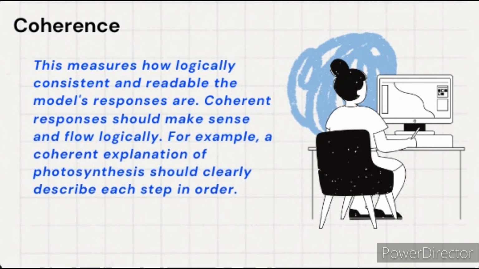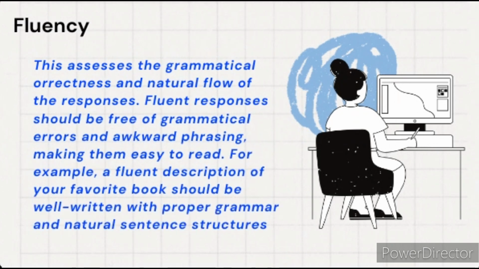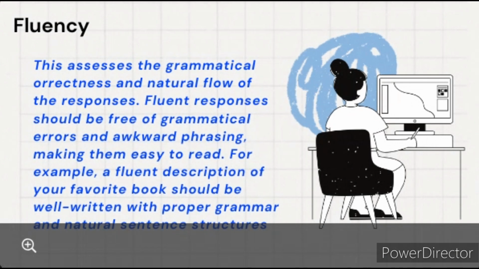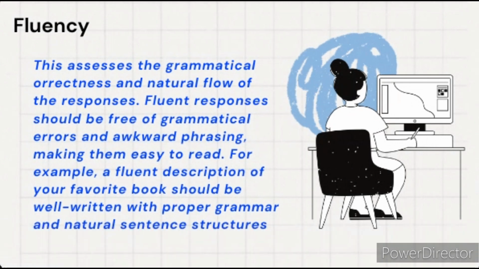Fluency. This assesses the grammatical correctness and natural flow of the responses. Fluent responses should be free of grammatical errors and awkward phrasing, making them easy to read. For example, a fluent description of your favorite book should be well written with proper grammar and natural sentence structures.